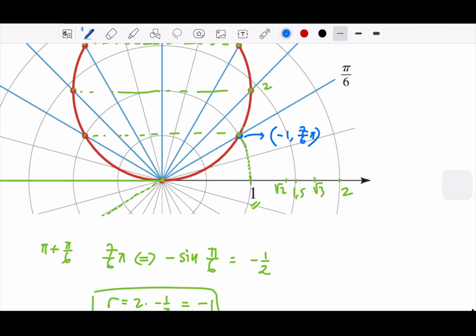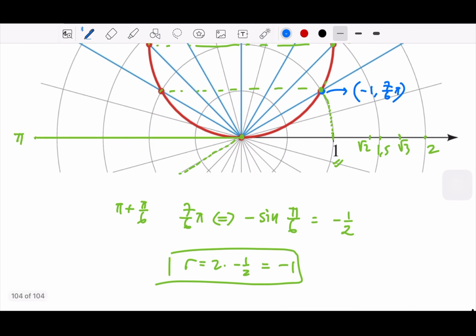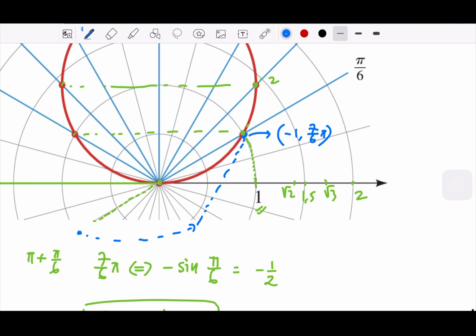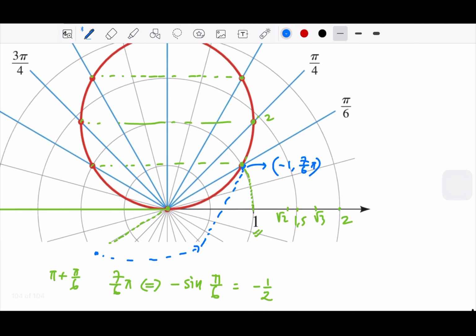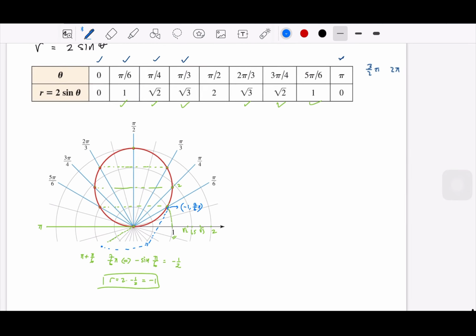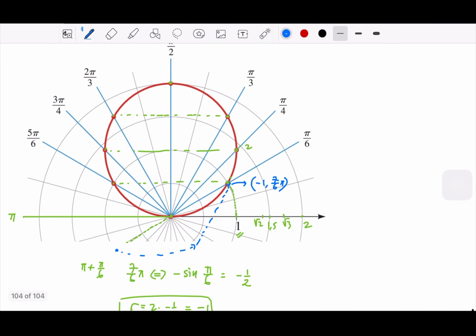As we also discussed in a few previous pages, when the radius is negative, for example, it should be around here, but because of the negative, we are going to go back, and then we put our points into the same positions as when we have pi over 6. I hope you get my idea. So all the things in the third quadrant are basically the mirror of the first quadrant.